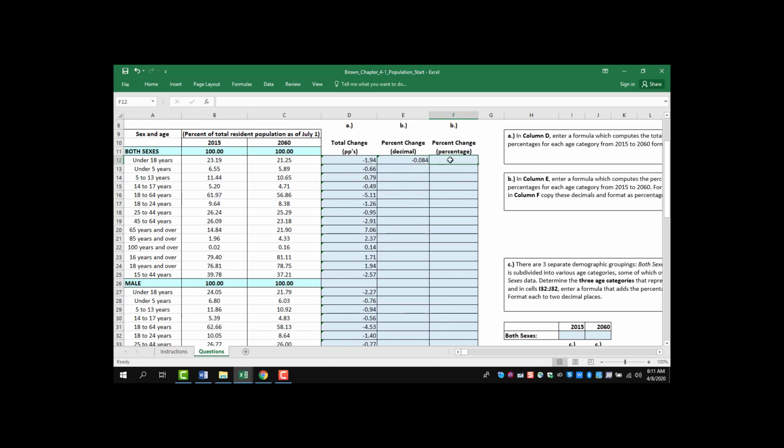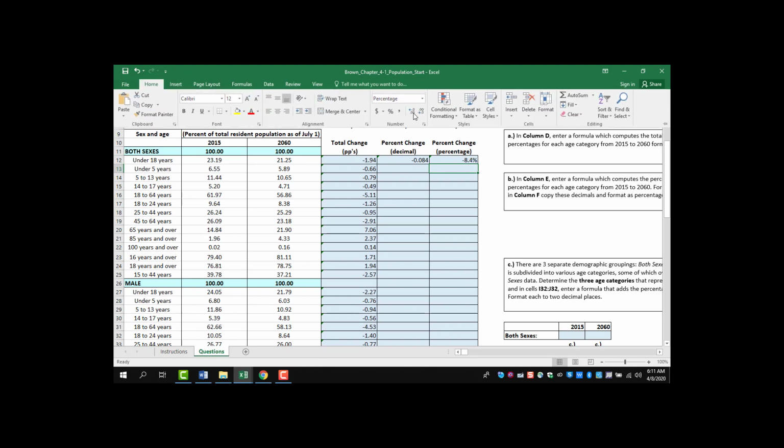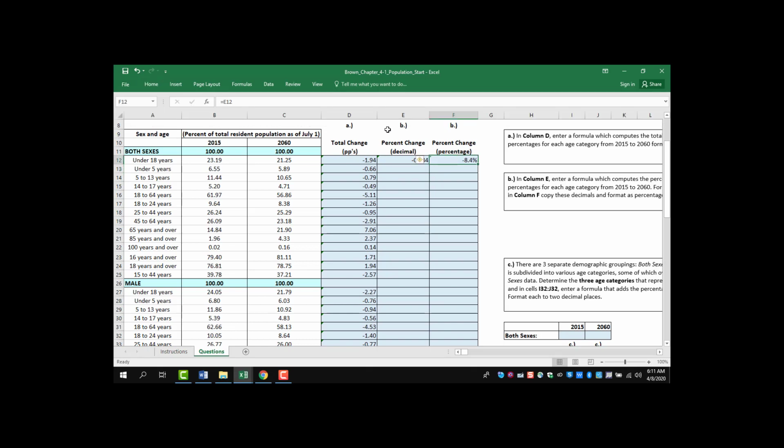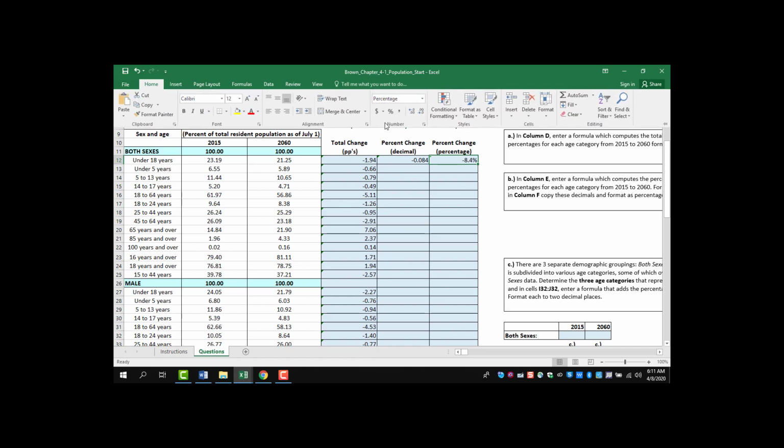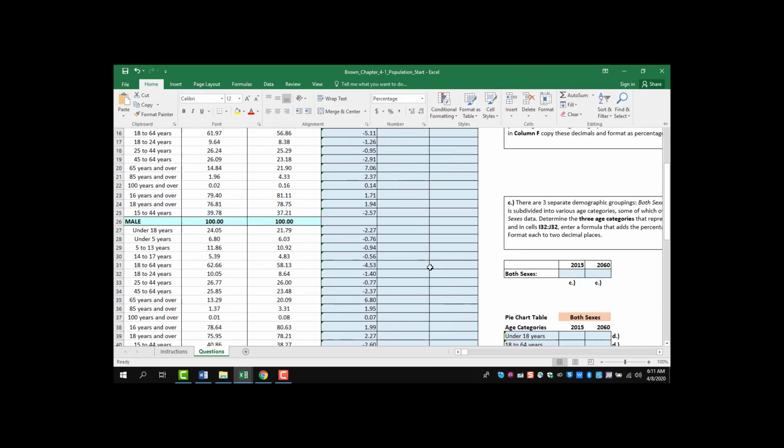And the percent change would simply be that as a percent. I already did this, that's why I have a percent. And I believe it's 1 or 2 decimal places, maybe 2. And you can drag that down.